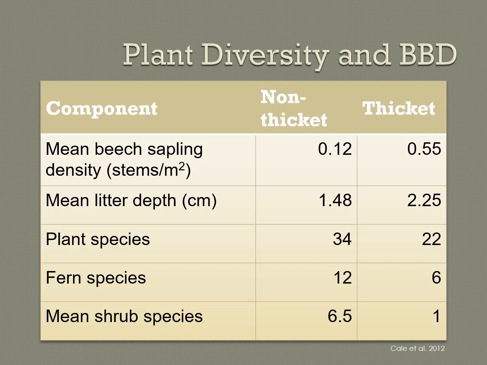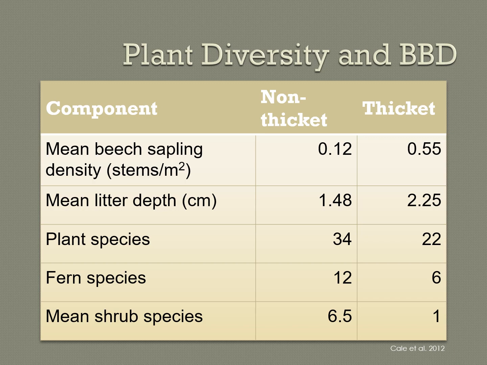In a different study focusing on several managed stands of northern hardwoods, we were looking at the presence of beech understory thickets, so these young, dense sapling stands, and comparing them to similar forests that did not have the thickets. What we found was that, as expected, when we looked at thickets, there were about 4 times as many sapling stems per meter squared as in the non-thicket forest.